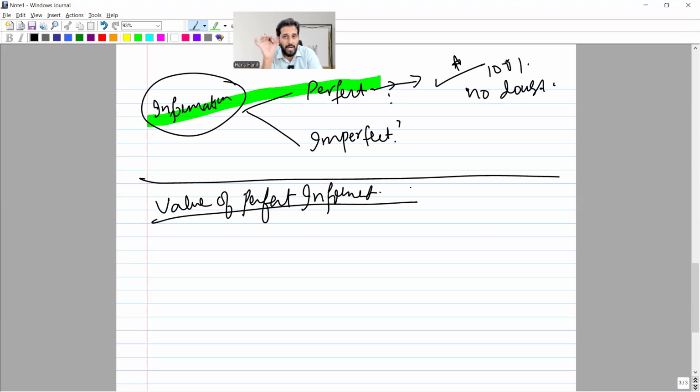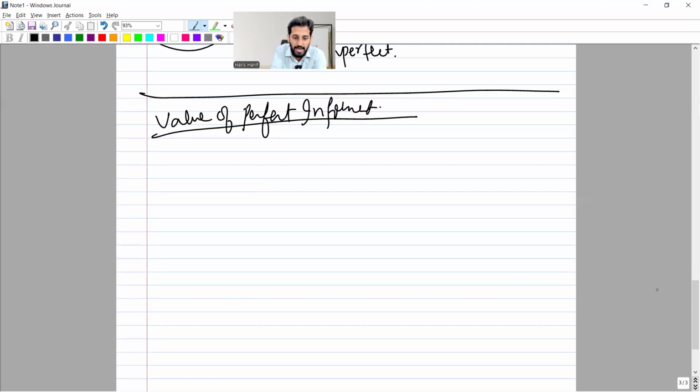It's a very important point to be recalled. You have covered all these things in your basic topical lecture, but along with this question I am explaining it once again. Value means additional benefit.